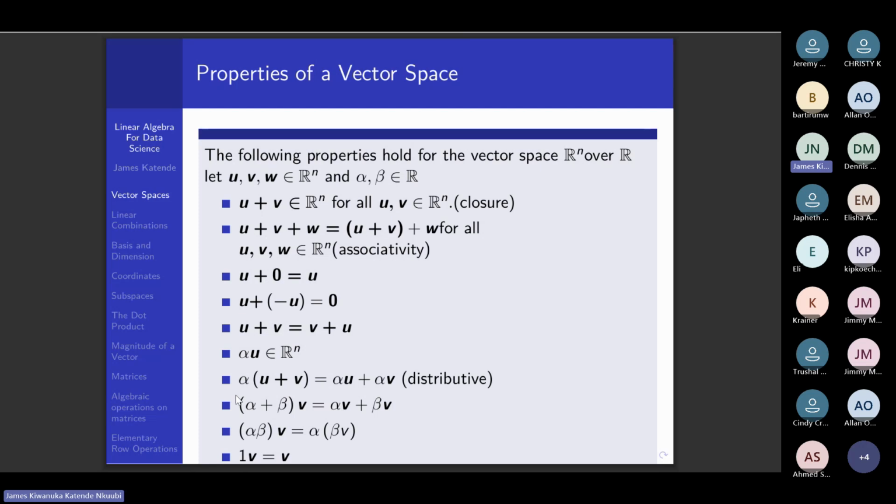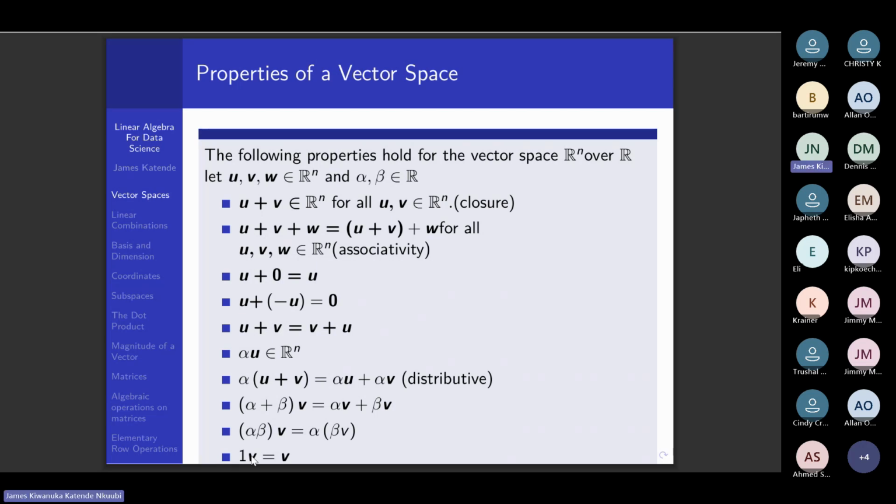If you add them in brackets and multiply by a vector, it's the same as alpha v plus beta v. So you can split them like this, and still get the same answer. Also, you can multiply a vector by two scalars, and it's the same as first multiplying the vector by the scalar beta, followed by alpha. It doesn't matter where you put the brackets, you'll get the same result. And if you multiply the vector by 1, you should get the same vector.